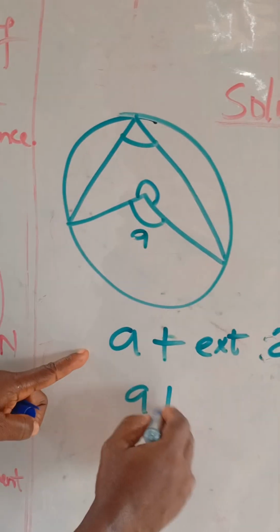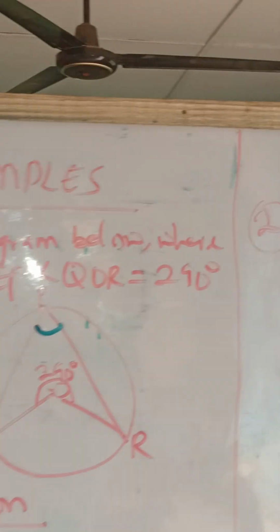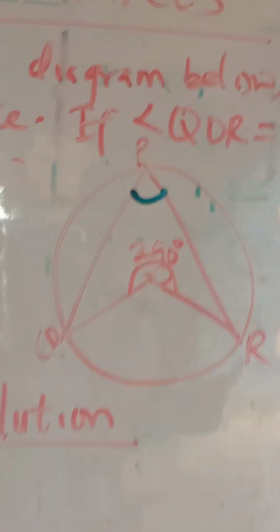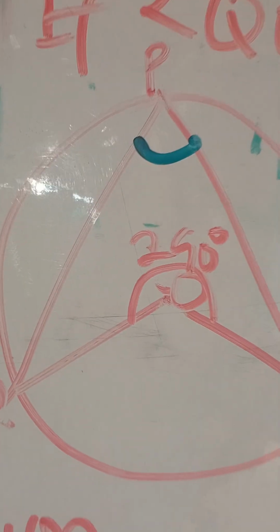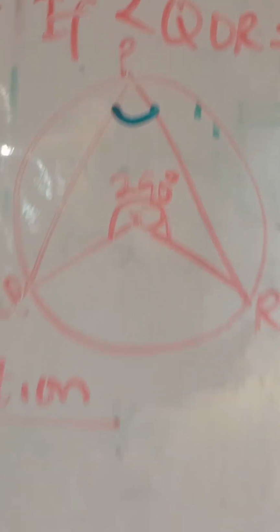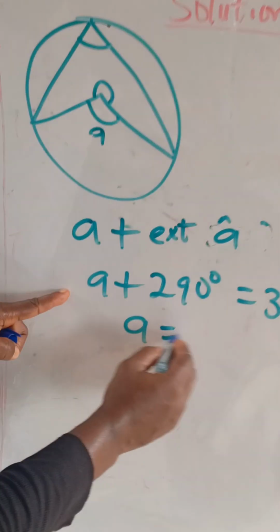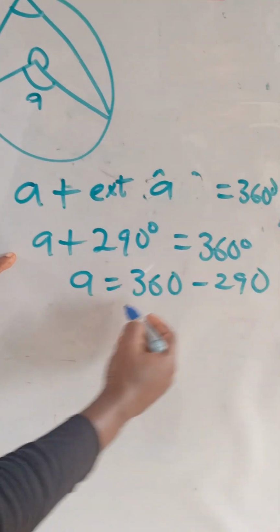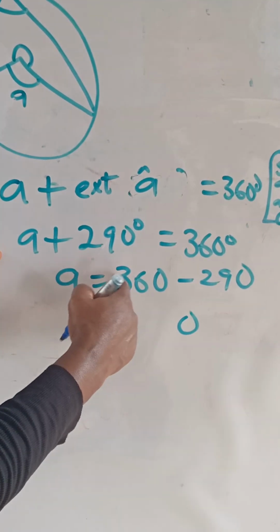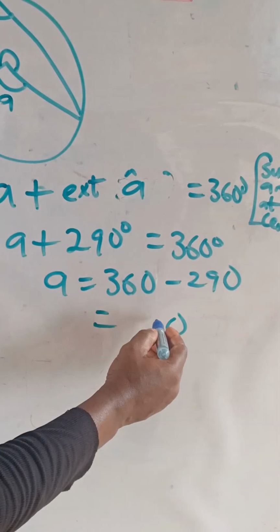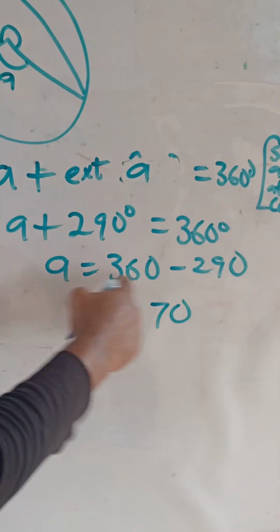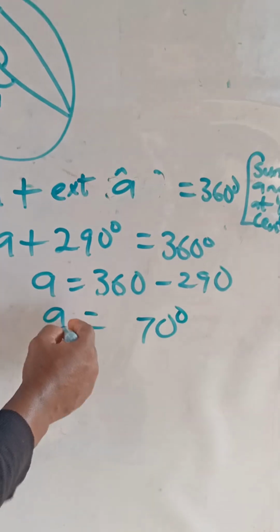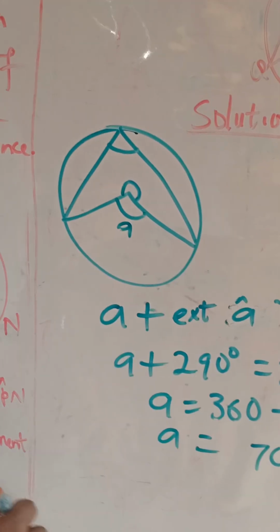So A plus this exterior, we call this one inside, 290, is 360 degrees. From there, A is 360 minus 290. 0 minus 0 is 0. You borrow one from here. 16 minus 9, 7. 2 minus 2, 0. So that inside angle is 70 degrees.